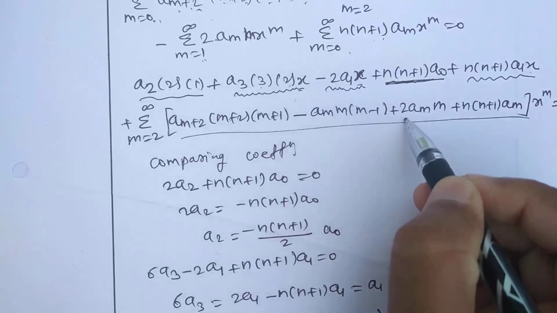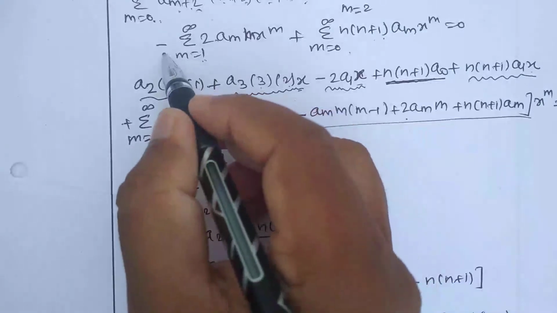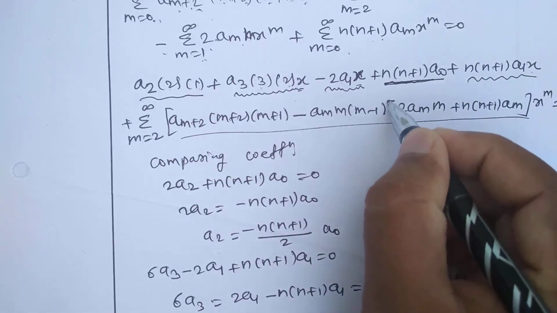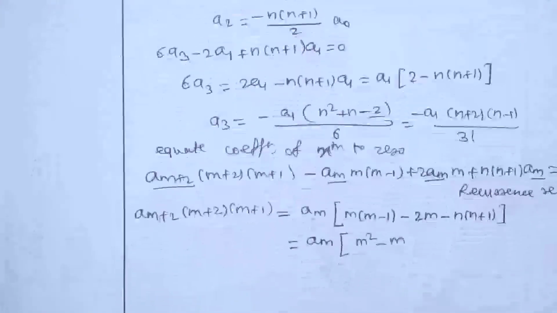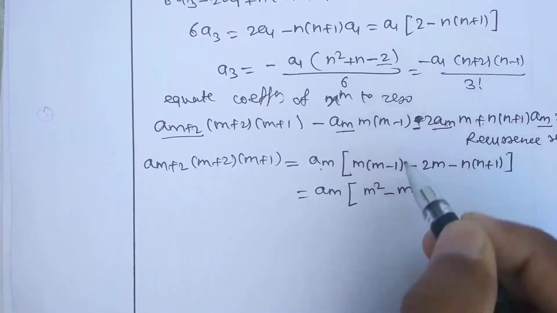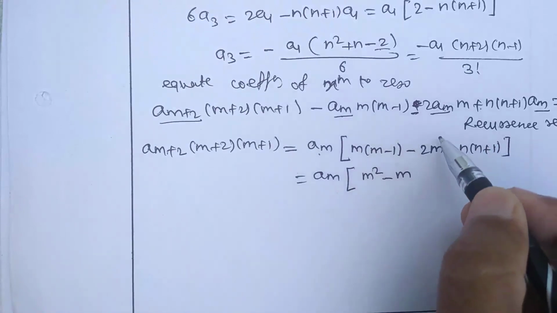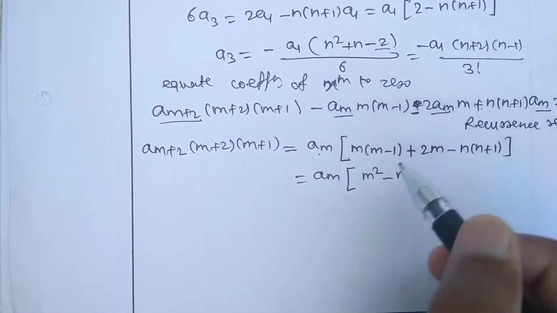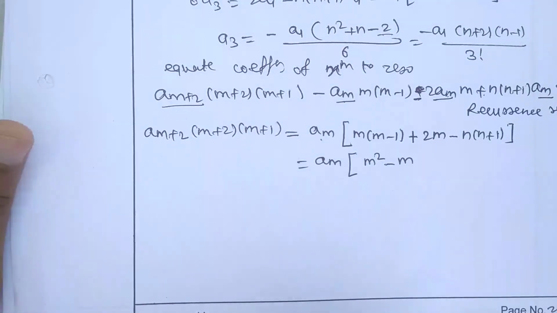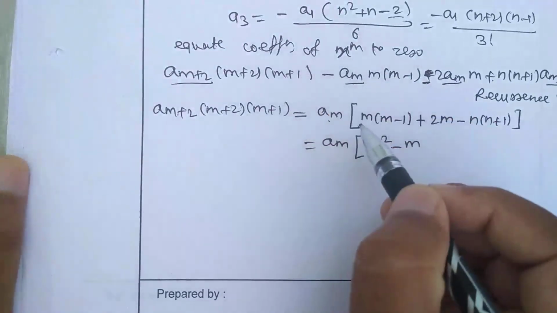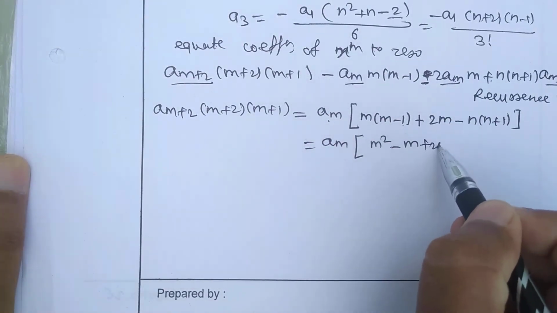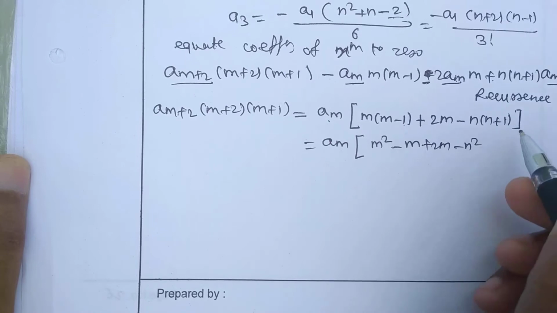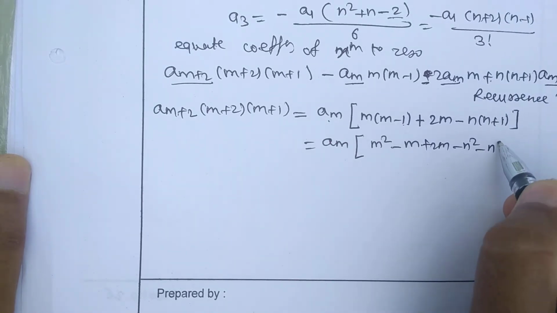See, this term is negative. See here, minus times 2m, we forgot to add this negative. So we have to change here. This term is negative. So this term becomes positive after getting it to right hand side. So m square minus m plus 2m minus n square minus n we will get.